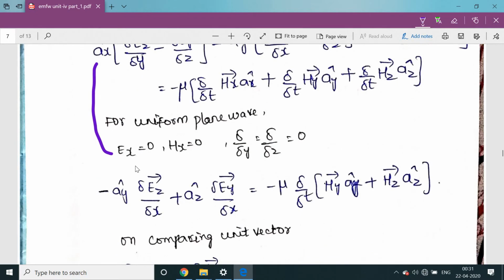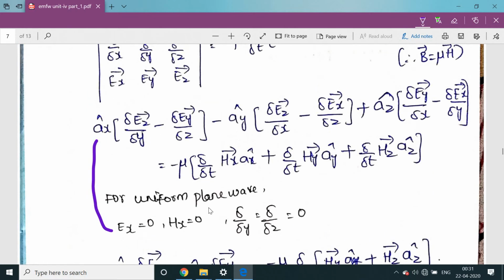Ex is equal to 0, Hx is equal to 0, and the terms with dou by dou y and dou by dou z will be equal to 0.